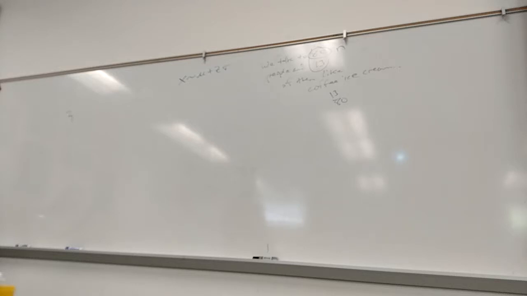All Americans. Did I take a sample of Americans? I said all Americans. What does a parameter mean? A numerical description of a population. 11% of all Americans. I'm describing a population, so that's got to be a parameter.